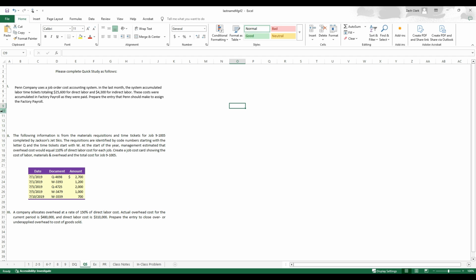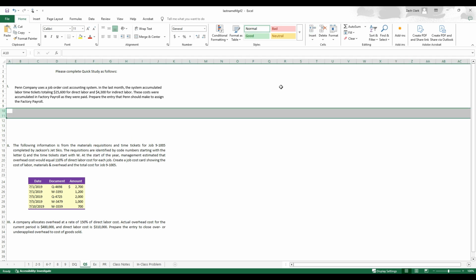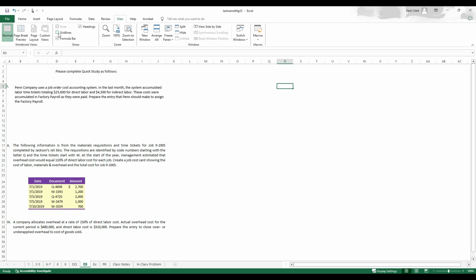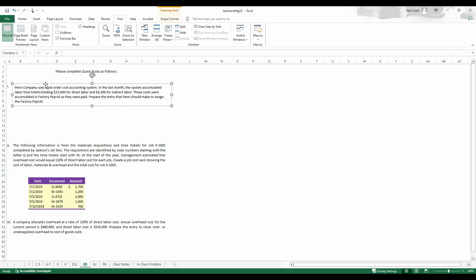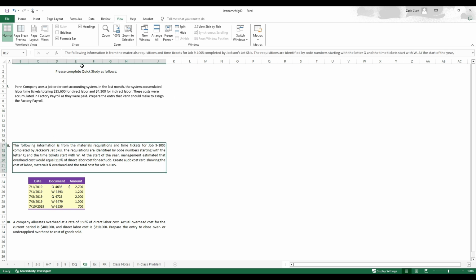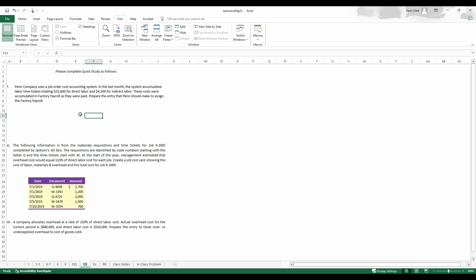So step one, I go to view, undo grid lines, which makes it a little cleaner, especially because there are some differences in these templates, using a text box versus directly inputting to a cell. Okay, let's take a look at these quick study problems.